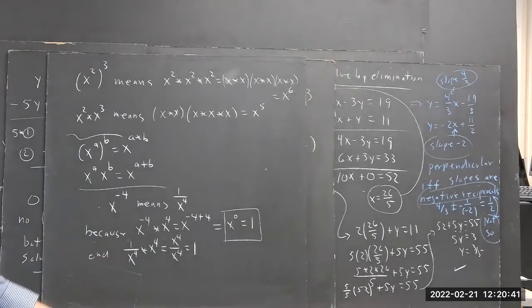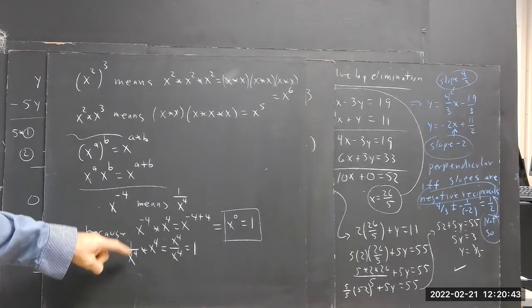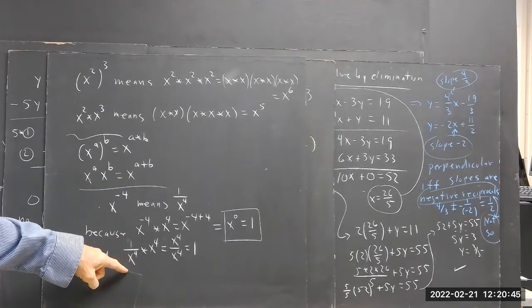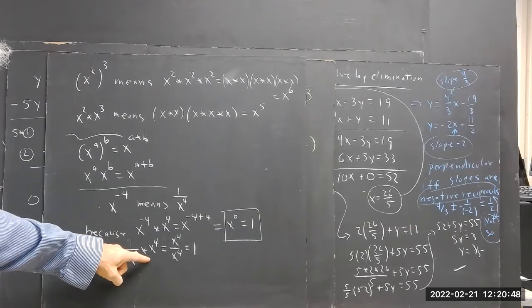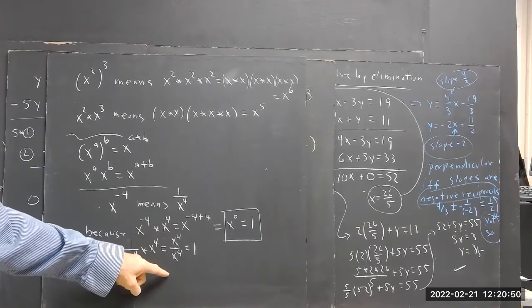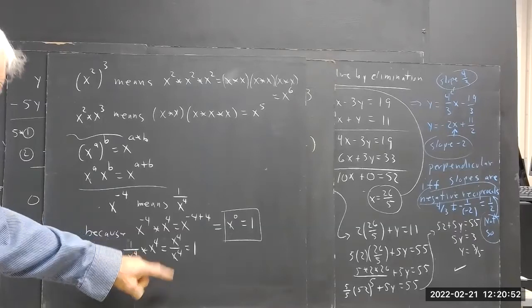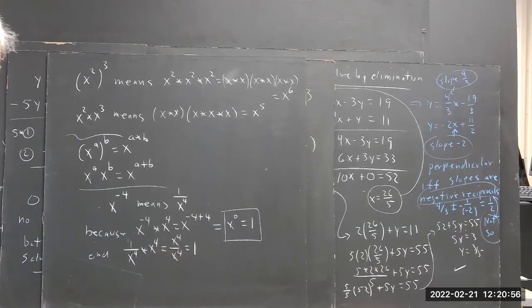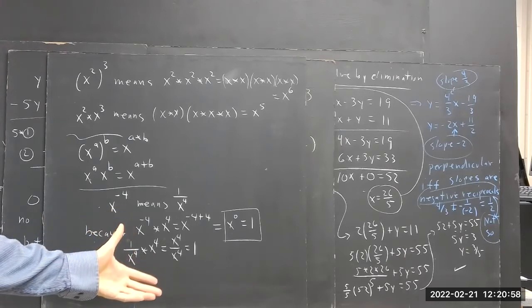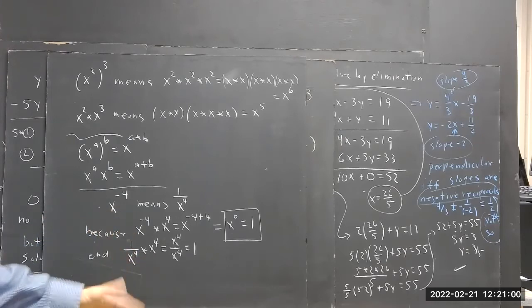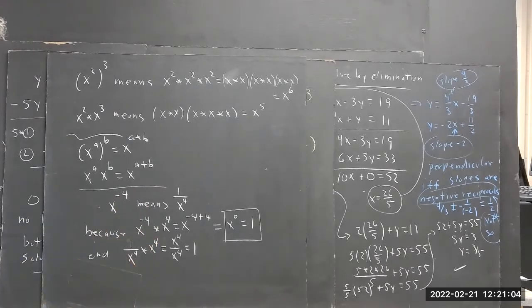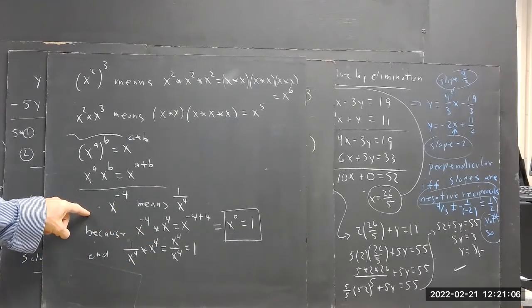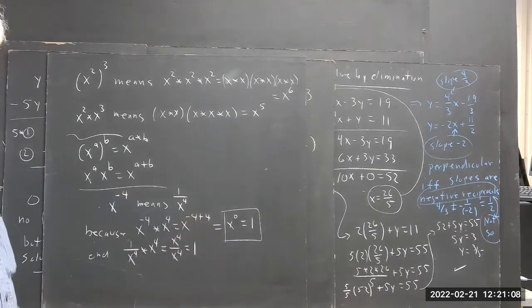And also, if instead of x to the negative 4, I write 1 over x to the 4, well, clearly 1 over x to the 4 times x to the 4 is x to the 4 over x to the 4. And these are the same, so that's 1, right? So it has to be. It's actually a choice you make, but don't worry about that. Understand that's what a negative exponent means, and so forth.